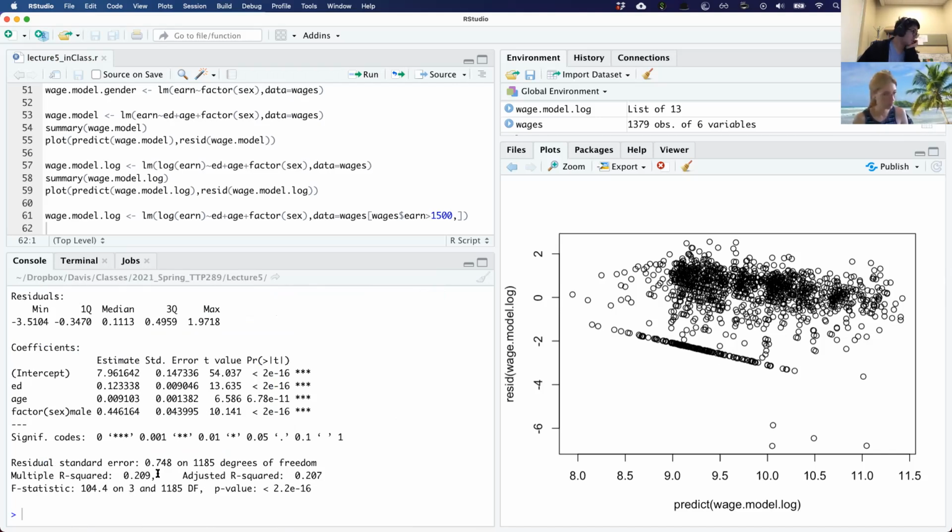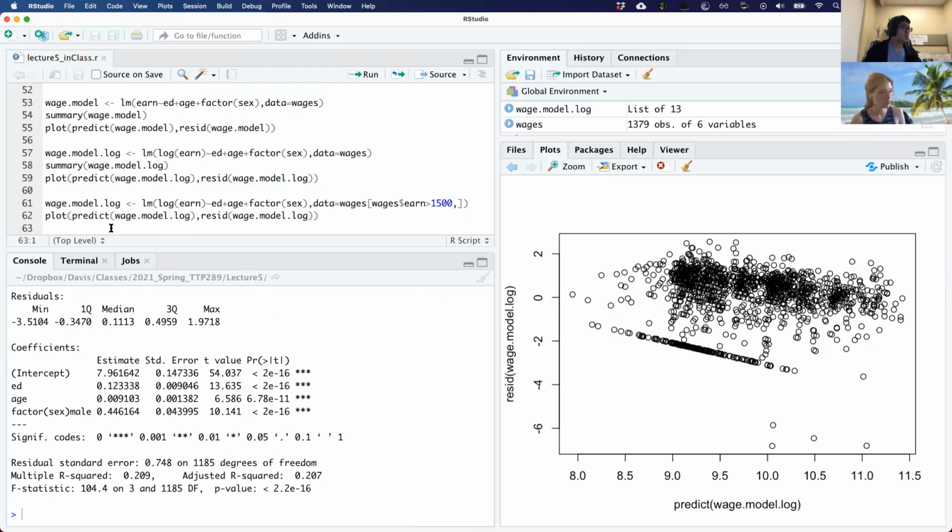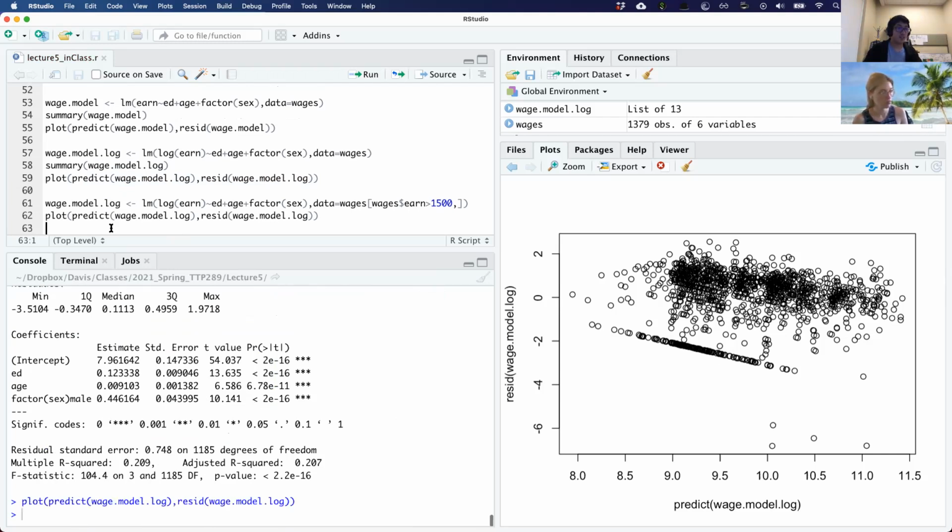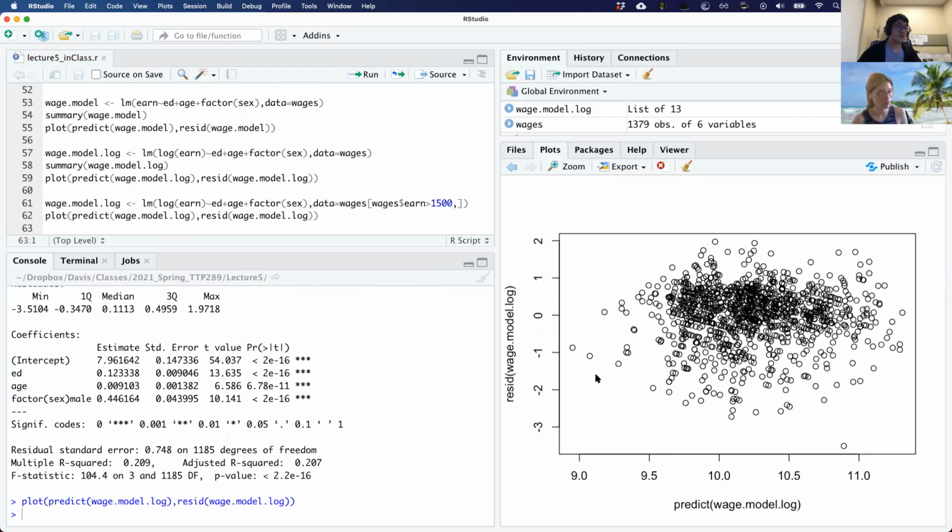And the R squared doesn't change much, but if we plot the residuals, we can see we've gotten rid of that kind of weird line thing. And this I would say is a fairly decent set of residuals. It might be a little bottom heavy, but for the most part, I'm much happier with this plot than the previous one.